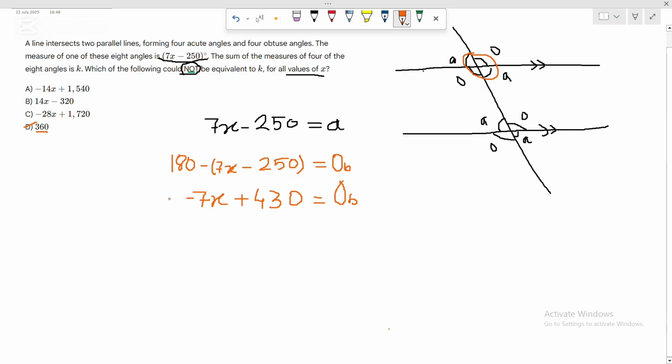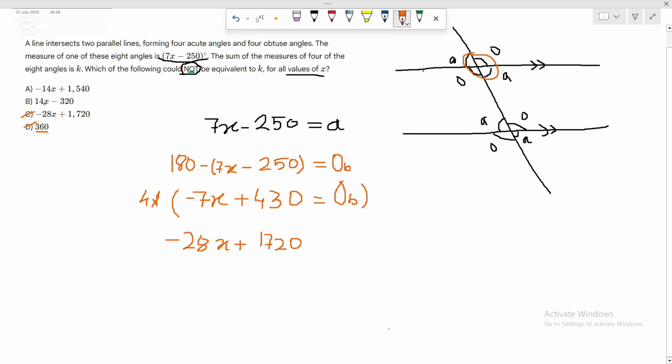But it is minus 28, so directly we can multiply it by 4. After multiplying it by 4 we get minus 28x plus 1720, because 1600 plus 120 is 1720. So this is also possible. Let's rule out this option as well.